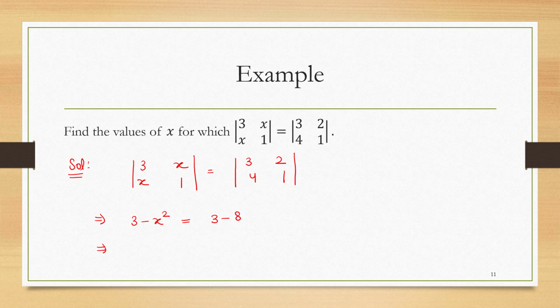So that means we get 3 minus x square is equal to 3 minus 8, that is minus 5. Or we can say 8 is equal to x square. That gives me x is equal to under root 8, or 2 root 2. But when we find the under root, we put the sign of plus minus.